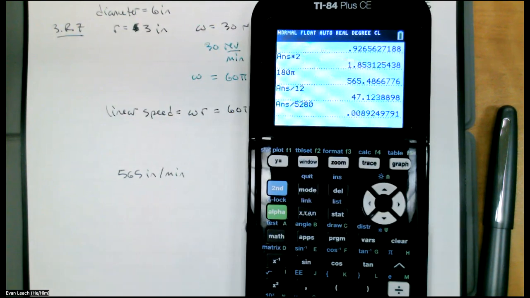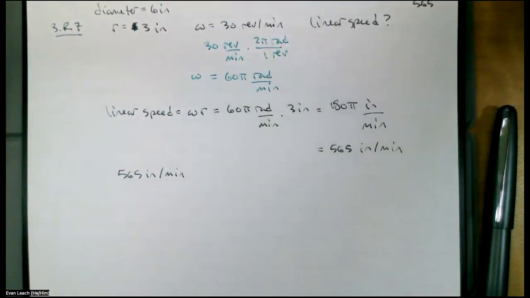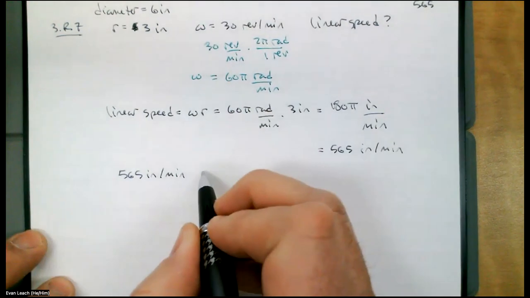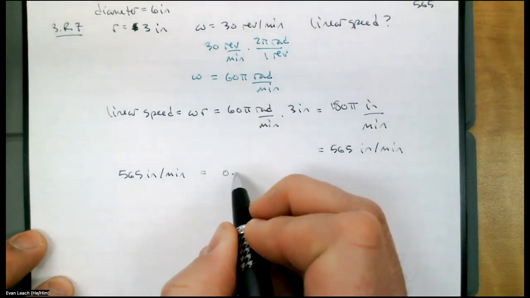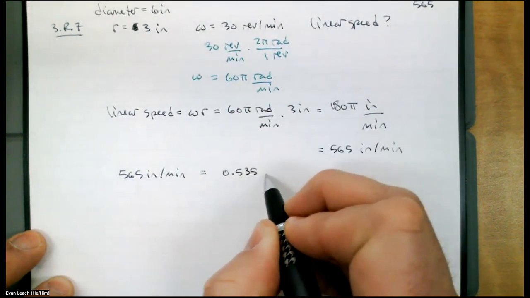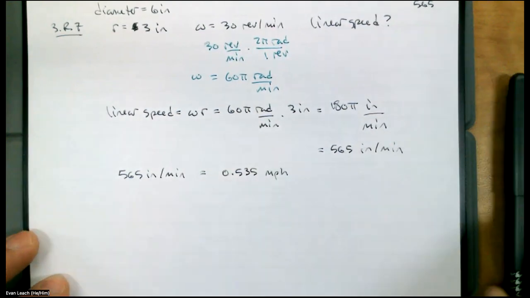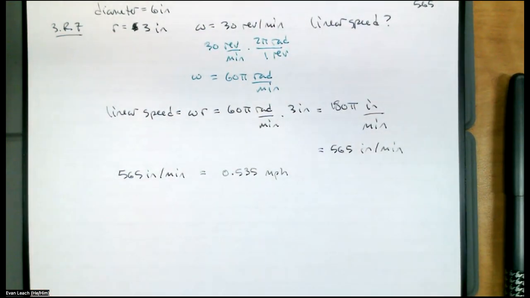So if I multiply that by 60, we get 0.535 miles per hour. Okay, that's not so bad. So we just take the 565 divided by 12 to get feet, divided by 5,280 to get miles, but then multiply by 60 to get from minutes to hours.